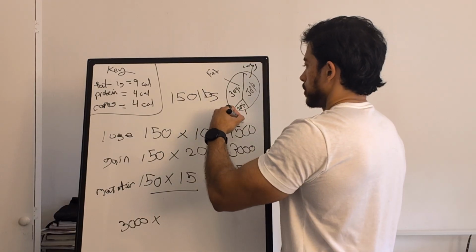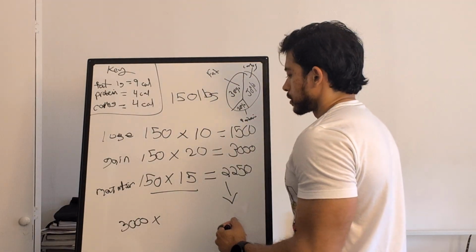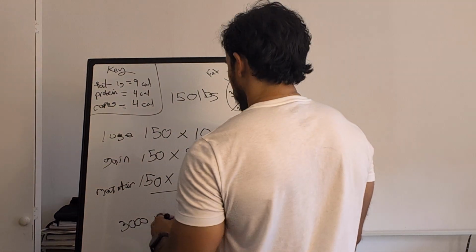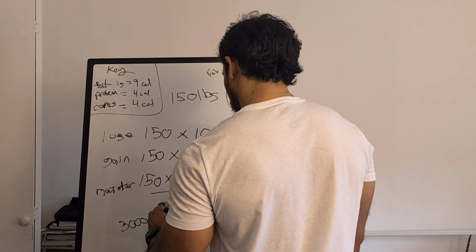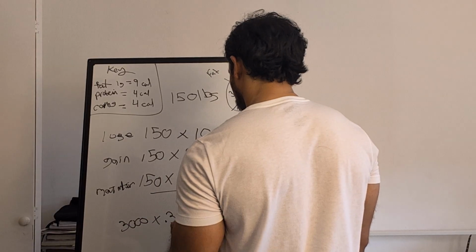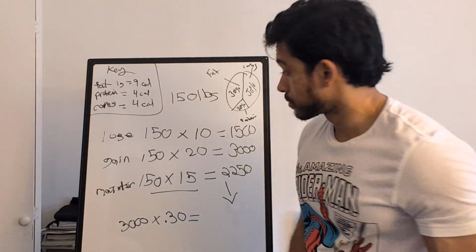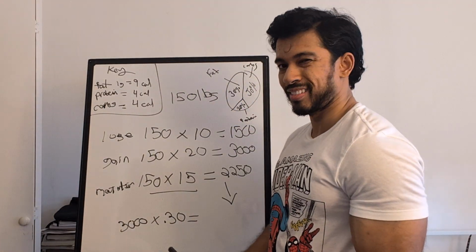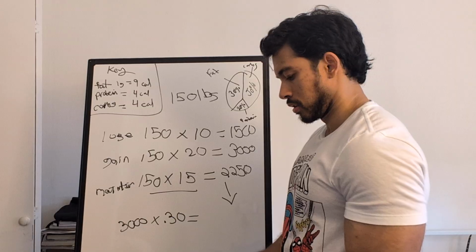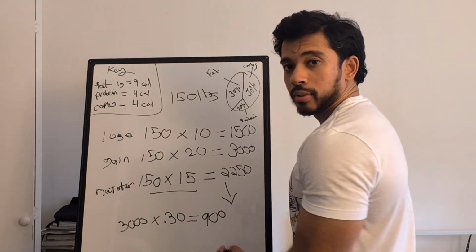This is going to be protein. So 3,000 times 30%, right? That's going to be about 1,000. No, 900. I was close. So we take that, right?